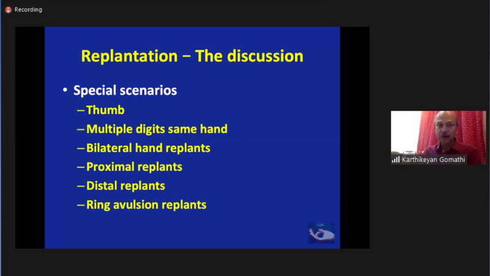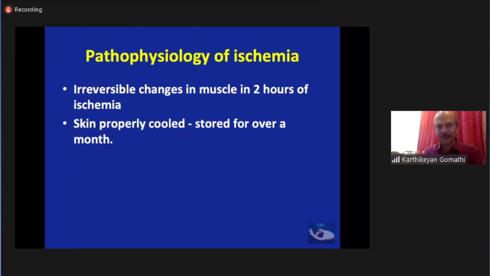We shall also see special scenarios about amputation: replantation of the thumb, replantation of multiple digits on the same hand, replantation of both hands at the same time, replantation at the proximal level at the arm or shoulder, and replantation at the distal level. How does it differ from the other replants? Then ring avulsion replants, typical avulsion replants, how do they differ from the other replantation?